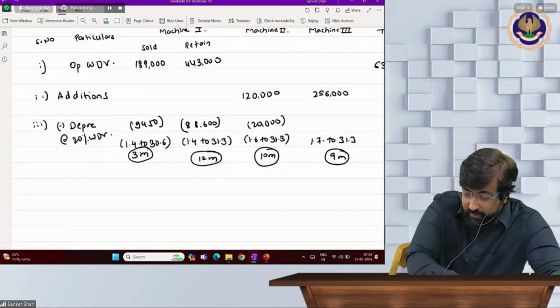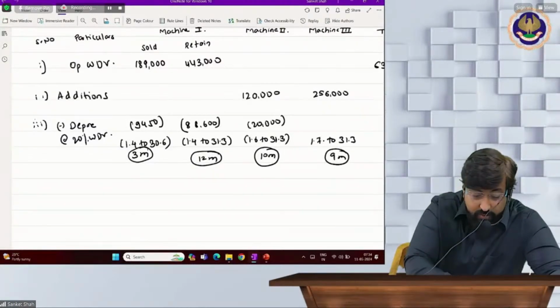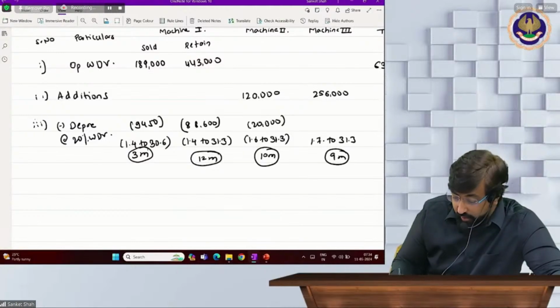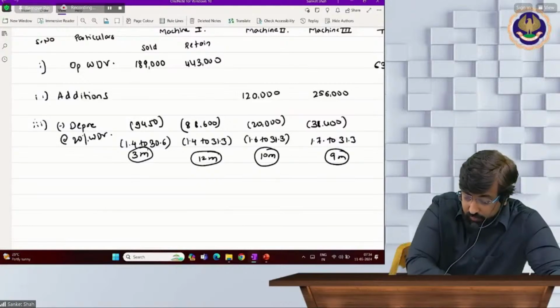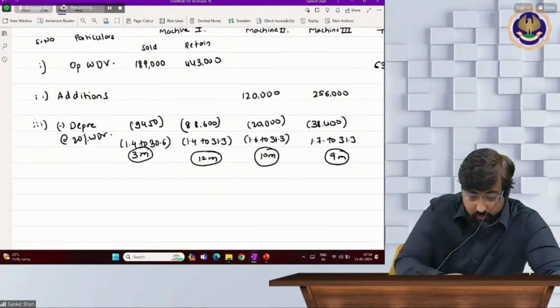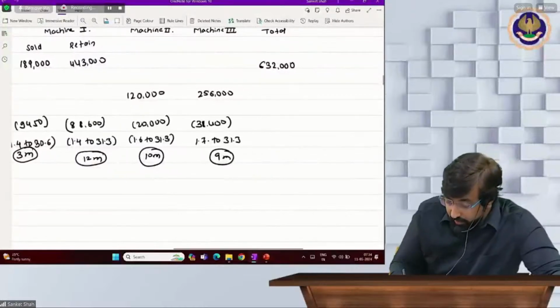And the last depreciation amount, 2,56,000 into 20% into 9 by 12, how much? 38,400. Plus 20,000 plus 88,600 plus 9,450. So my depreciation during the year is 1,56,450.